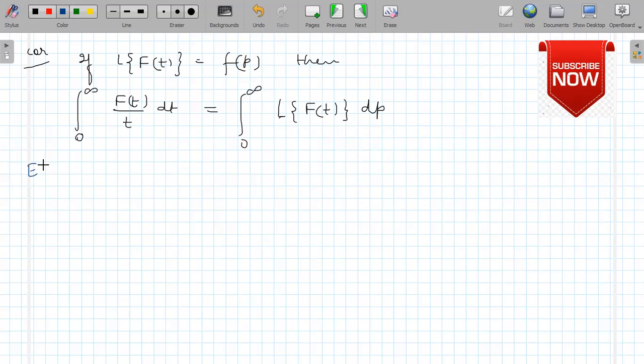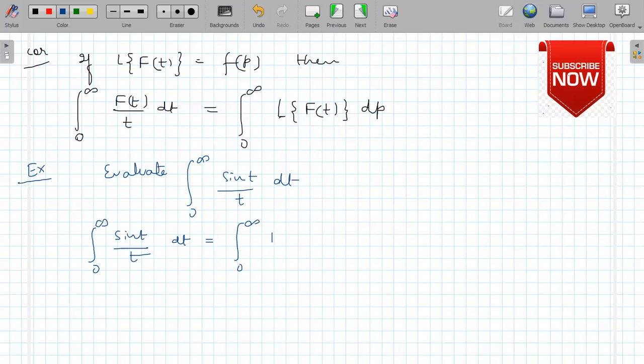You can see the application here in the form of an example. Suppose you want to evaluate the integral from 0 to infinity of sin t divided by t. You can see that it's very difficult to evaluate this integral. But with the help of this formula, you can write the value of this integral as the same limit but with the Laplace of only sin t.